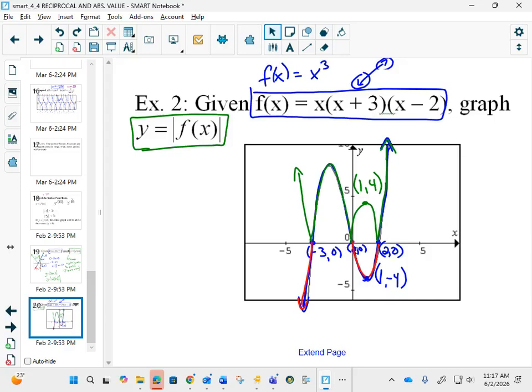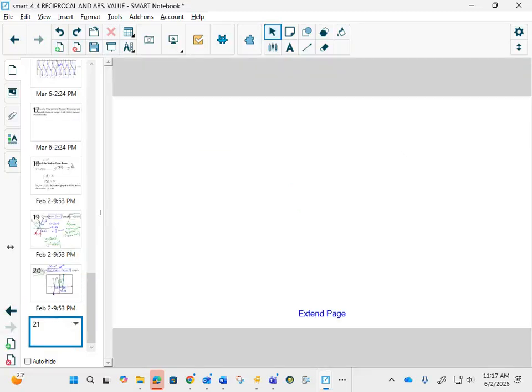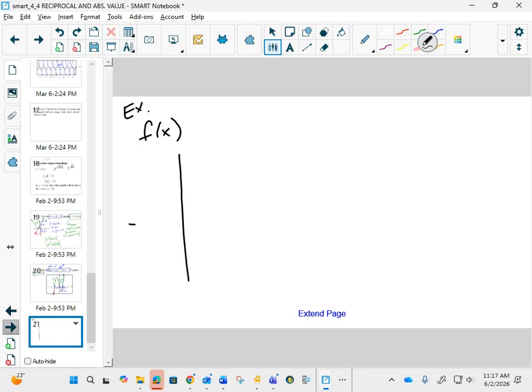Now, where these things could get complicated is if they start combining stuff from this idea and our first unit. So I'm going to give you a couple of examples. Okay. First of all, I'm going to give you the graph of f of x. This is our last example. All right, I'm going to make up f of x. y equals f of x is going to be our blue graph.